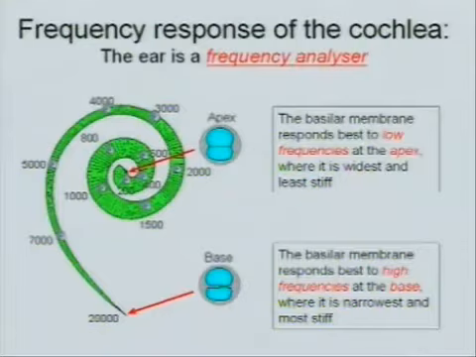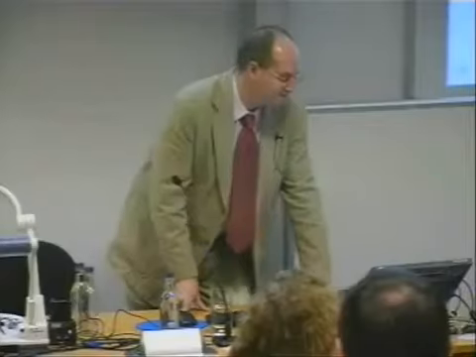So let's consider what the cochlea does in a little bit more detail. Basically, running all the way along the length of the cochlea on the inside is a structure called the basilar membrane. And the basilar membrane changes its properties in a smooth and progressive manner from one end of the spiral to the other. So at the base, it's very narrow and stiff, and it progressively widens and gets more elastic as we go up, spiralling up to the apex at the top.